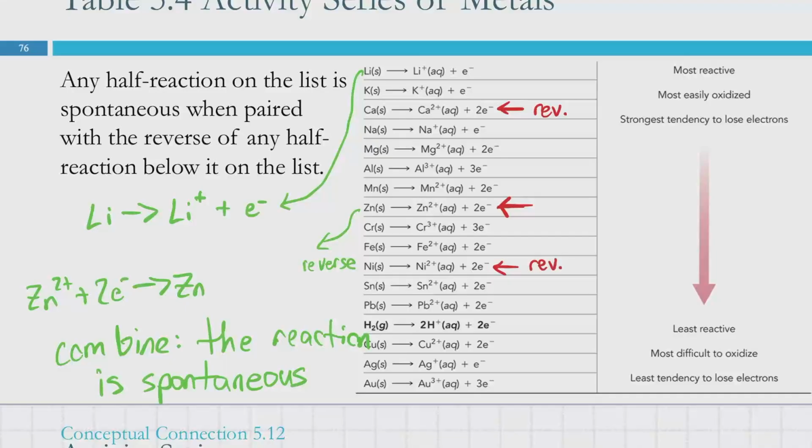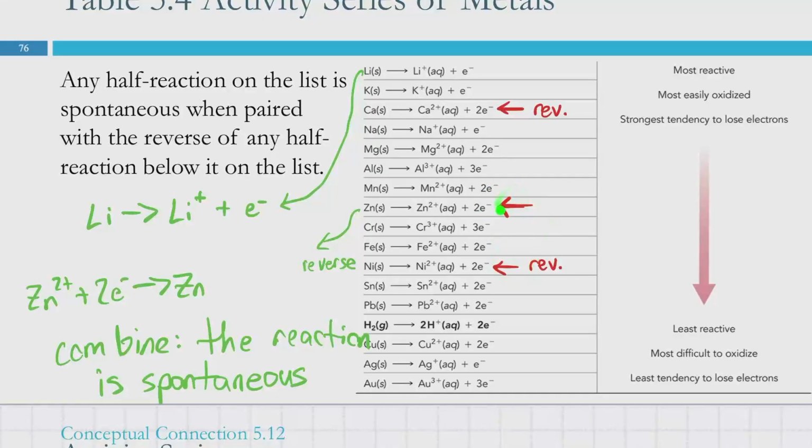And I'm hoping that it was this nickel, because some of the transition metals have different activity series entries depending on where they are. Okay, so zinc in the forward direction, and then we had the reverse of this nickel, we had the reverse of this calcium. Which of those is going to be spontaneous? Which pairing?